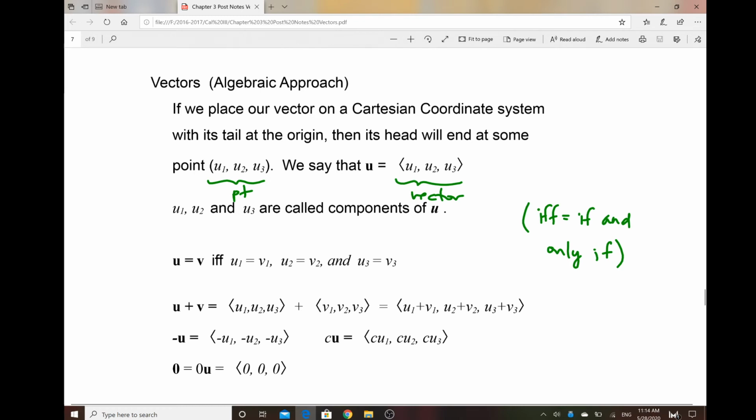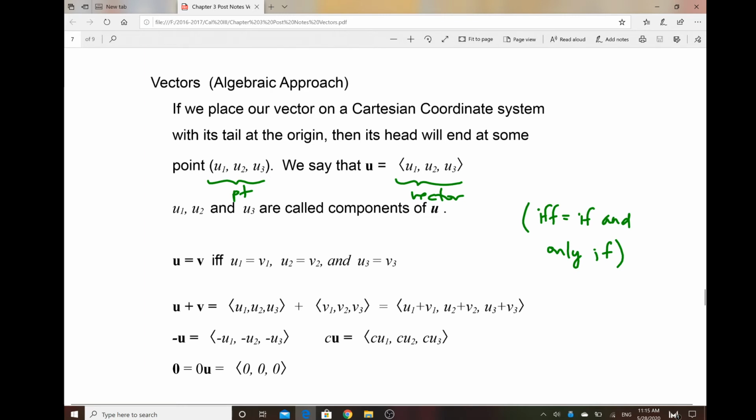If that's considered a three-dimensional vector in Cartesian form, excuse me, let's put it this way: it's x1 plus x2 plus x3, and then y1 plus y2 plus y3, and then z1 plus z2 plus z3.